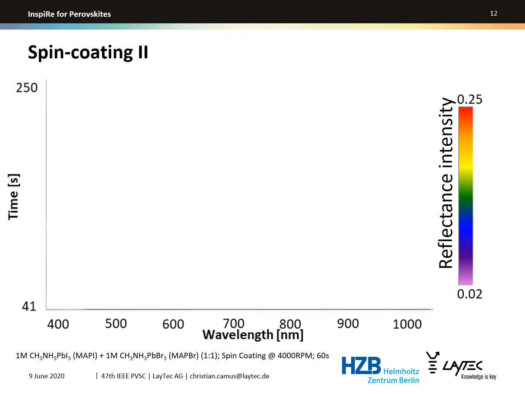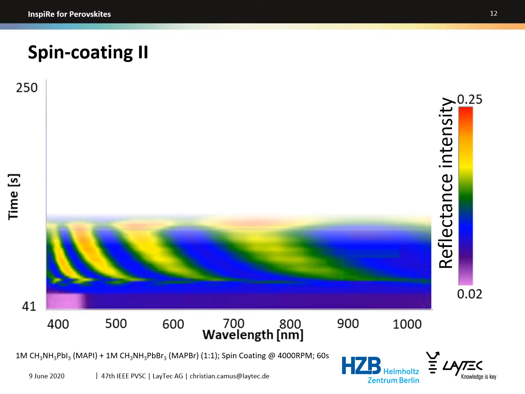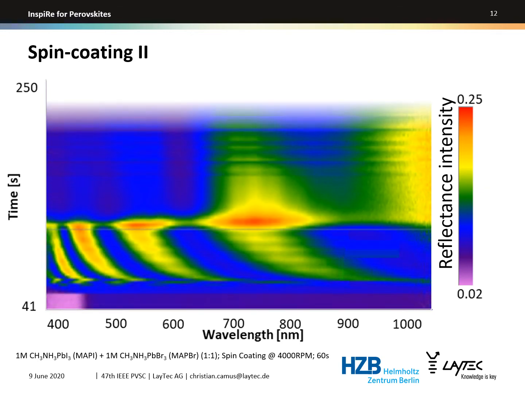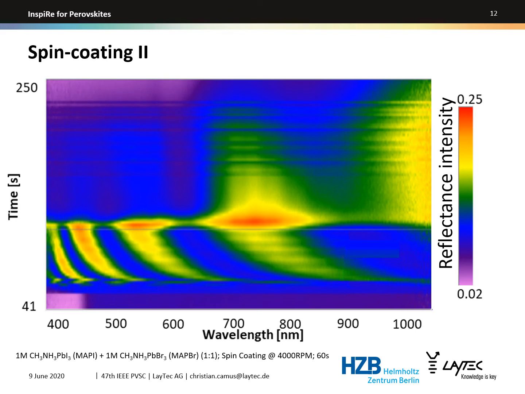So here's a very similar example for spin coating of MAPI and tribromide solution, and we're obtaining a spectrogram which at first glance is quite similar, but interestingly here, after the end of rotation, the interferences persist and actually keep changing.